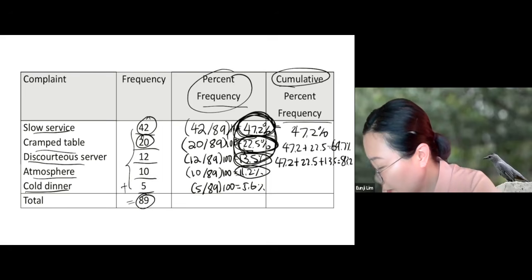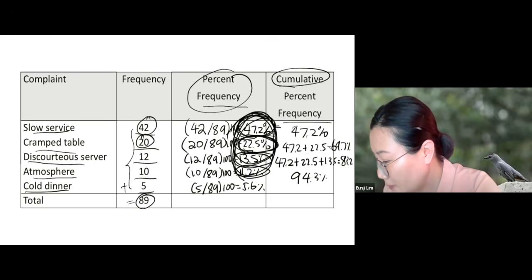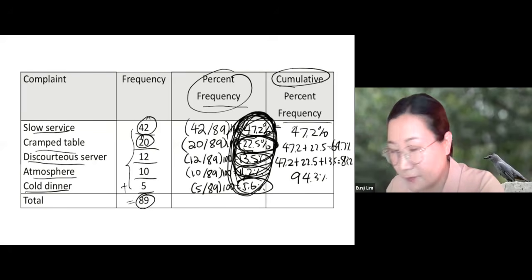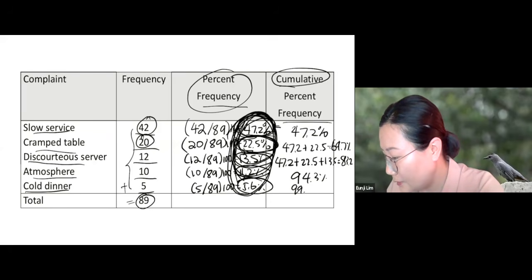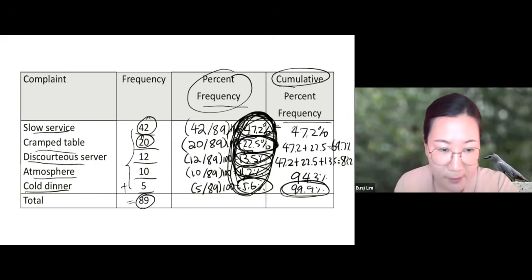For the next one, add all these four frequencies, you get 94.3. For the last one, you add all the frequencies, you get 99.9%. Actually, this should be 100%, but I think this is a rounding error.